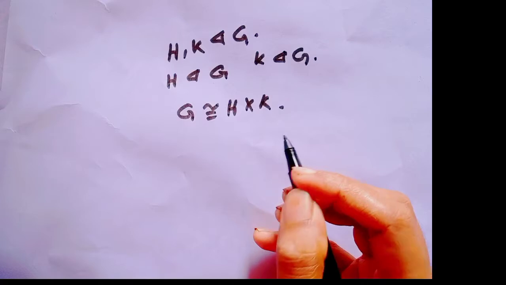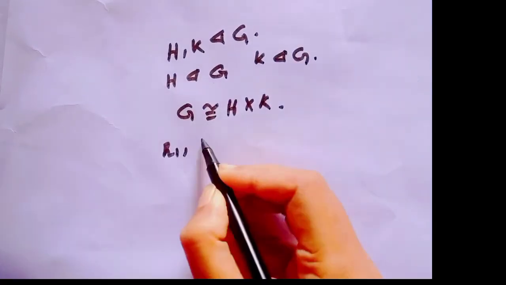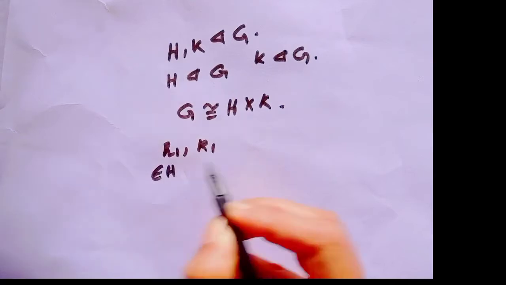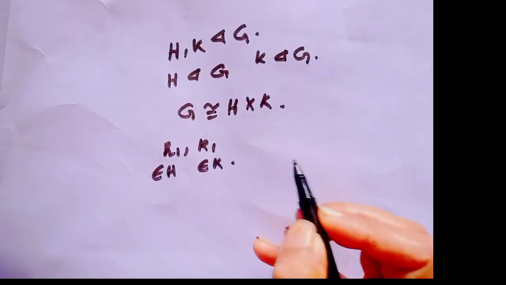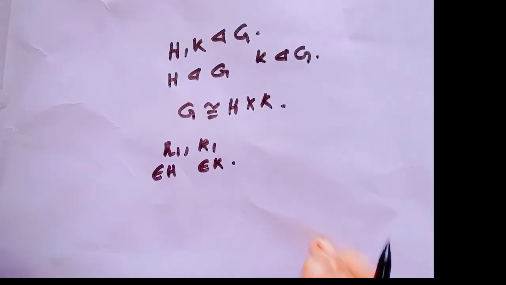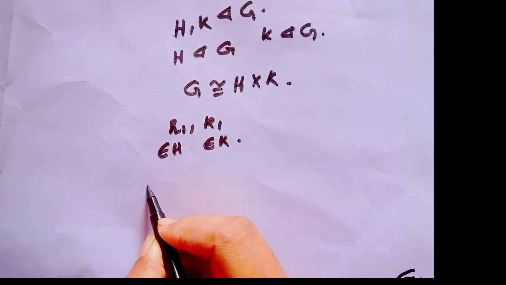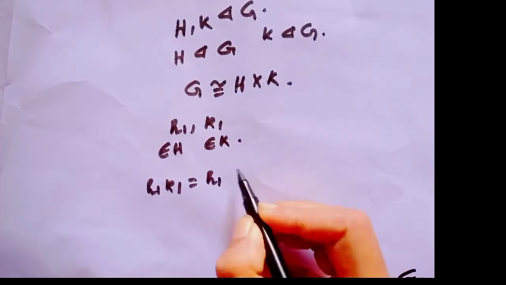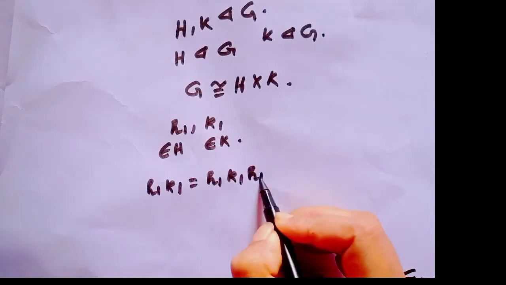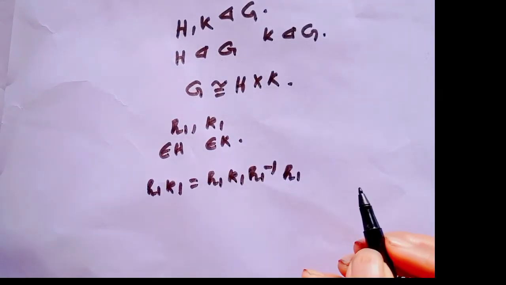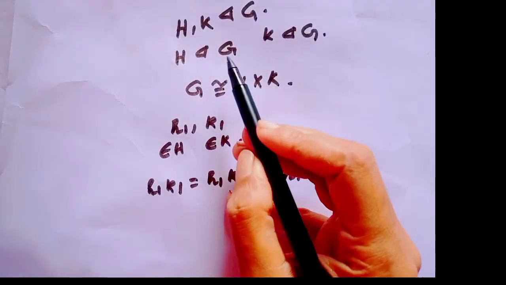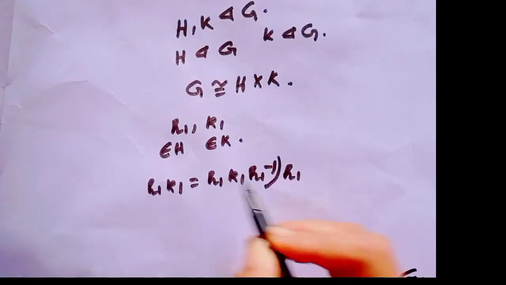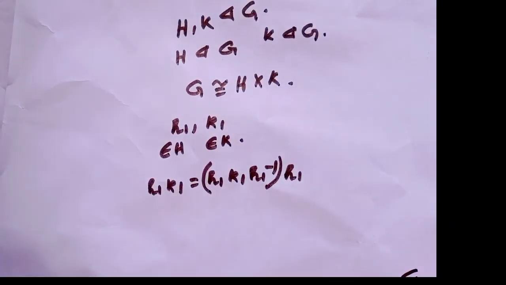At first, consider two elements h1 and k1, where h1 is a member of capital H and k1 is a member of capital K. Then we can write h1 k1 equal to h1 k1 h1 inverse h1. And since H is given to be a normal subgroup in the whole group G, we can group this part.